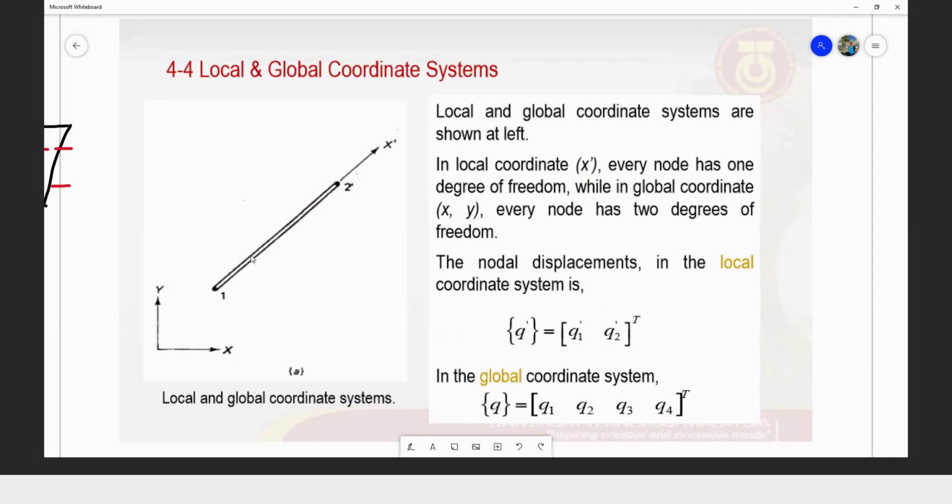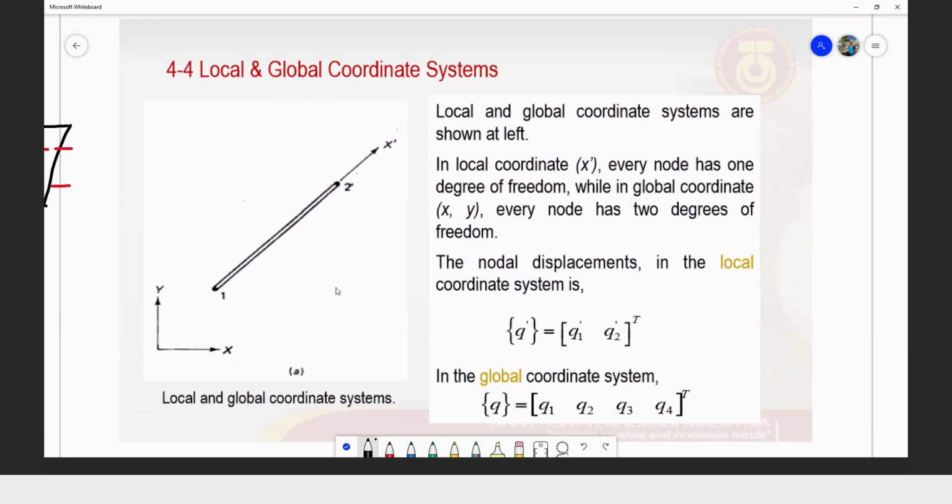Alright, actually these structures dia adalah part of the plane trusses. Dia actually dia segitiga kan, sebagai contohnya. Tapi kita just ambil one element of this from these triangles. Alright, local and global coordinate system are shown at left.